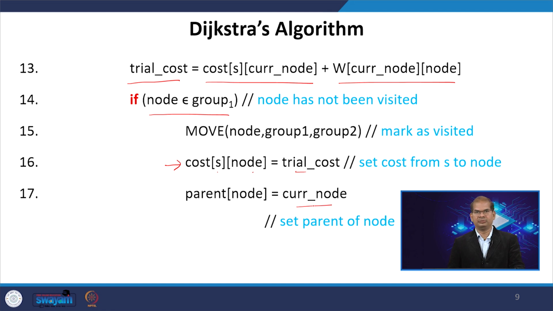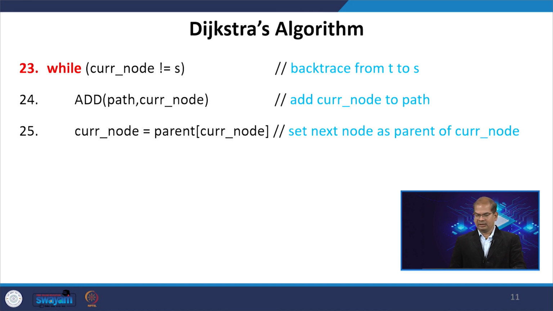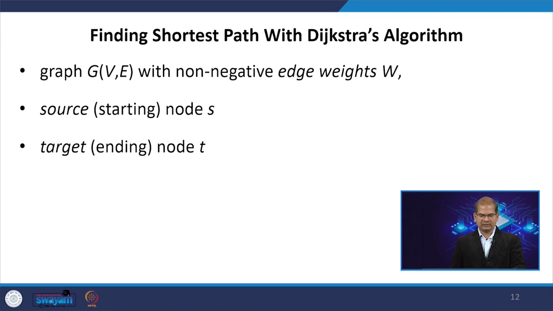The main objective of this portion is to find the shortest path from the source node to each of the other nodes in the graph. Once I get that node, I move it to group 3, and finally I will reach the target node. From the target node, I can find the distance from the source node. In this manner, the algorithm will continue.